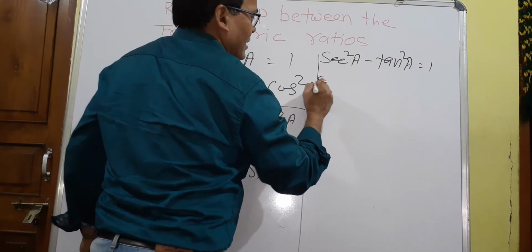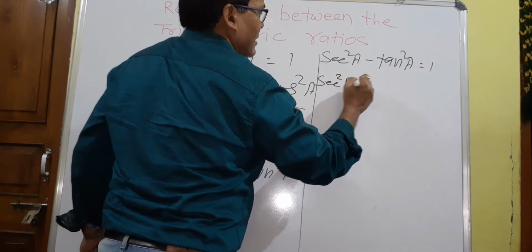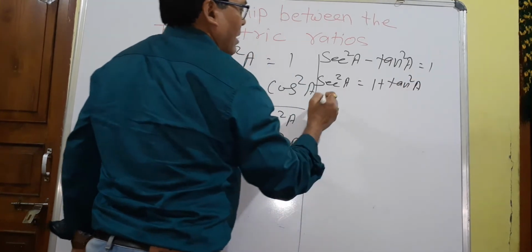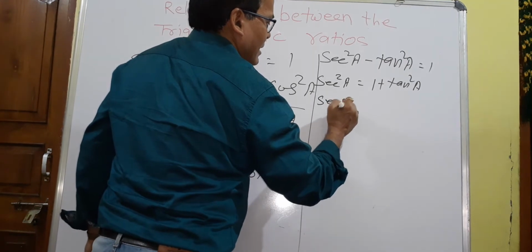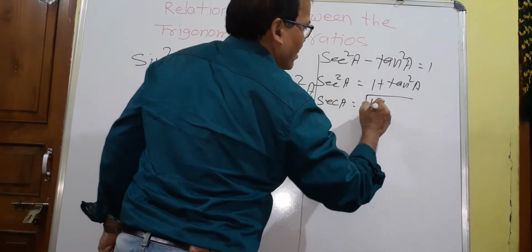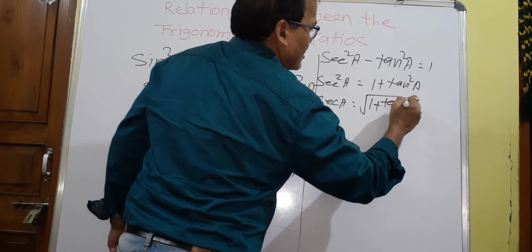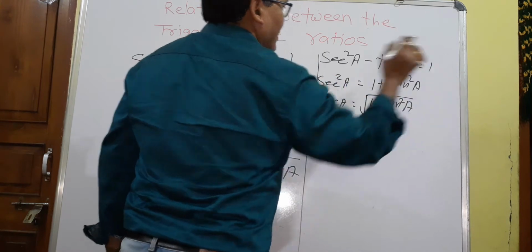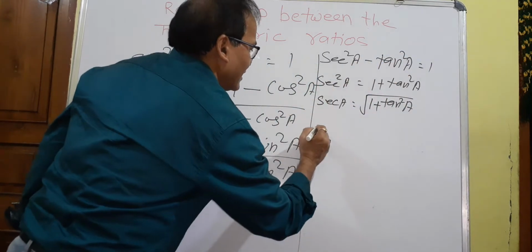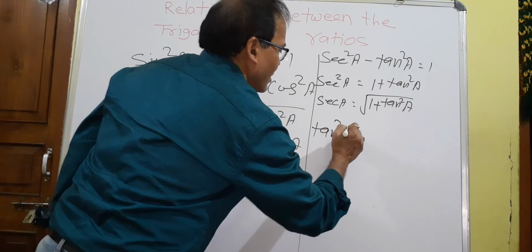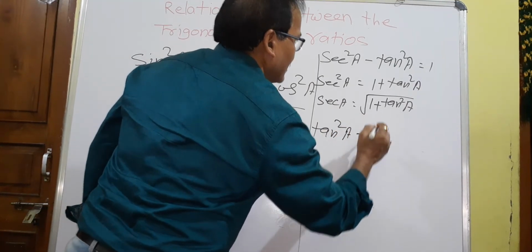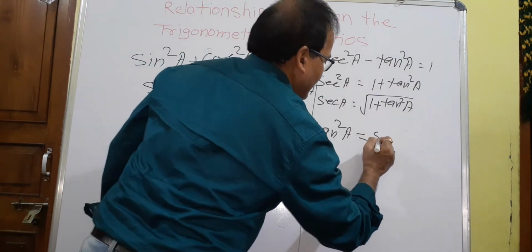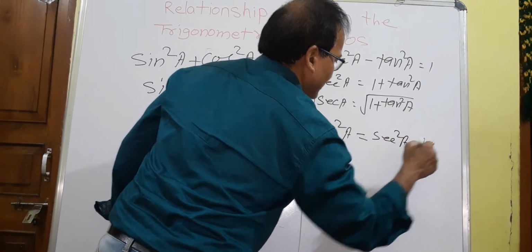So here we can write sec square A is equal to 1 plus tan square A. Sec A is equal to square root of 1 plus tan square A. Likewise, tan square A, if you send tan square A to that side, then 1 you will bring this side, and we will write tan square A is equal to sec square A minus 1.